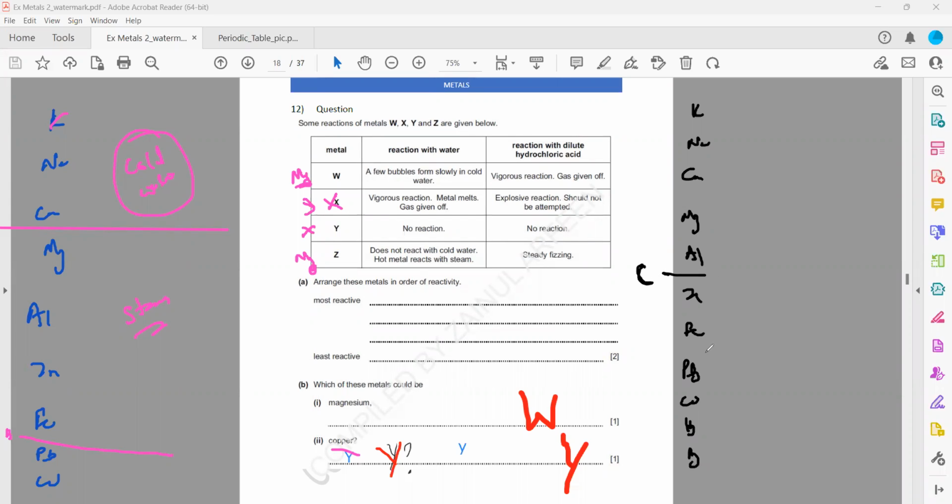Carbon is between aluminium and zinc, and hydrogen is between lead and copper. Up to here, they can react with dilute acid. These are highly reactive metals, so they react much quicker than those lower down. It shows a steady pace.